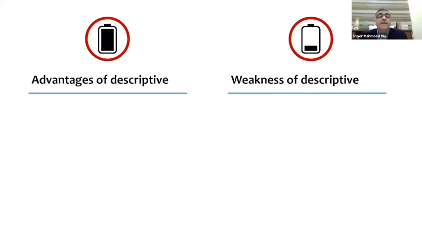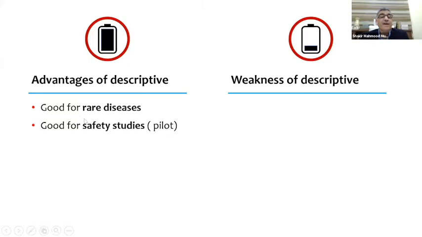In general, the advantages of doing a descriptive study, as we saw, are that it is important for rare diseases and sometimes for safety studies, at the beginning when we want to expose so many persons to newly discovered drugs, so we take a very small group.